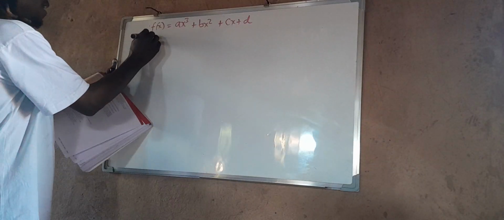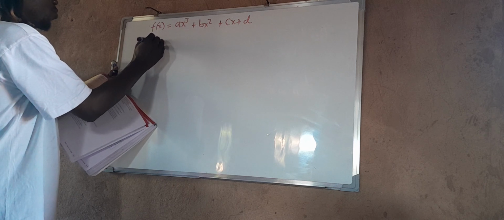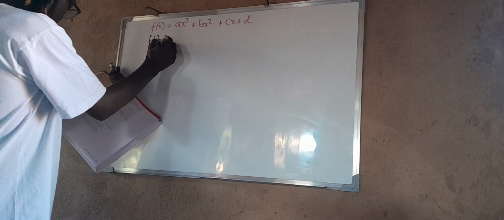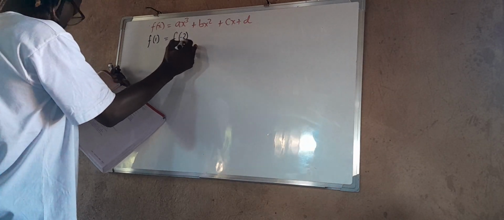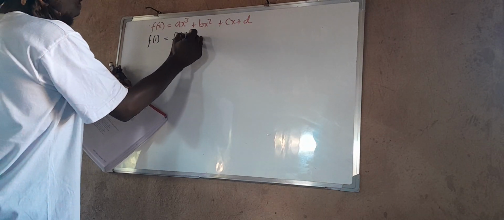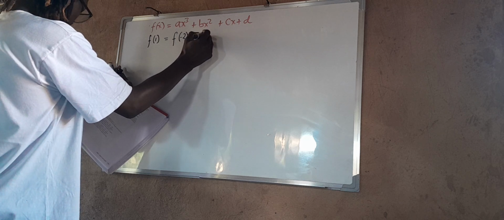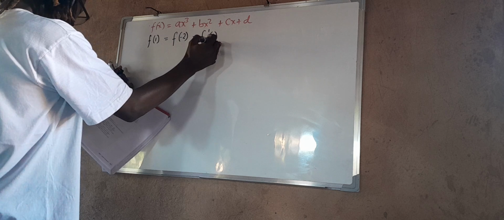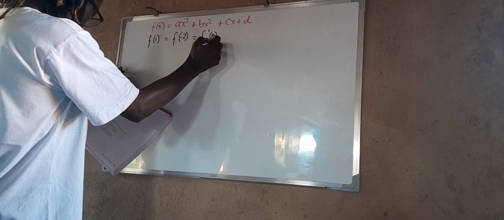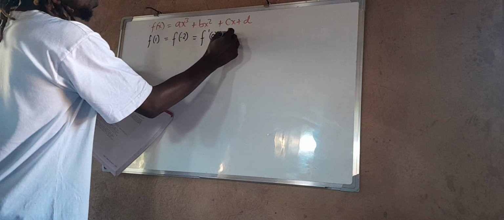If f at 1 is equal to f at minus 2, which is equal to f at 0, which is equal to 0.